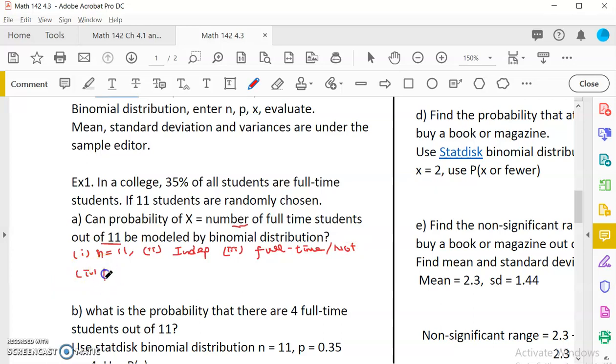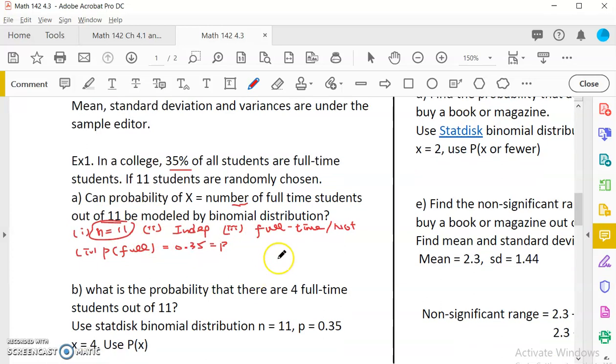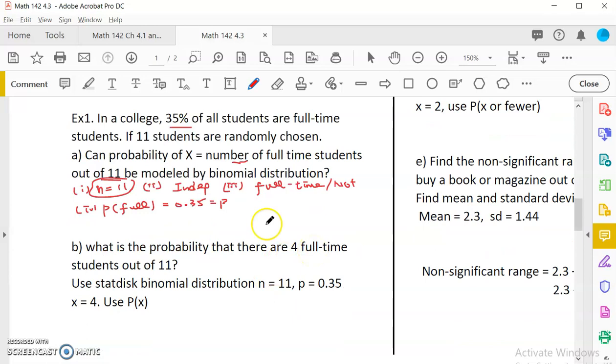Probability of full-time in one trial: I pick one student, it is full-time with probability 0.35, right? So I have N and I have P. These two will determine your binomial distribution. So you say yes, it satisfies the 4 requirements, and you can figure out what N and P are.